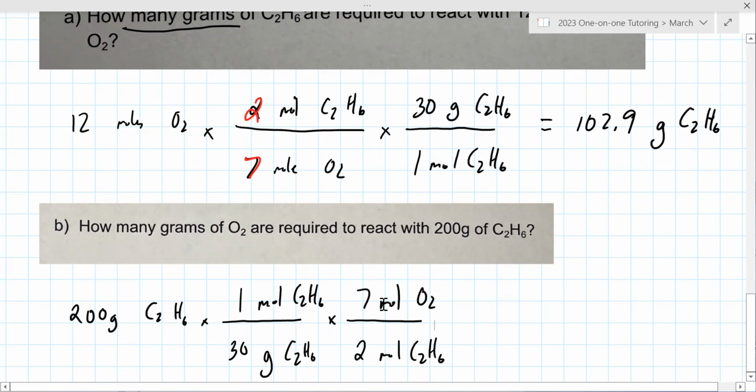Okay, so we would be done at this step if we were asked for how many moles of O2 are required, but we want grams. So there's an additional step here.